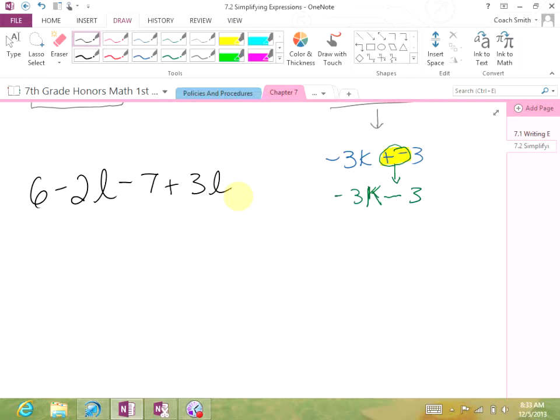All right, Erica, what'd you get? Yep. 1L plus negative 1, or you could have said this. It could have been negative 1 plus L. Either one of those are correct.